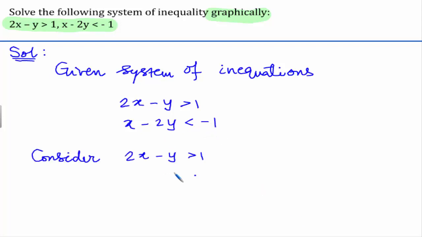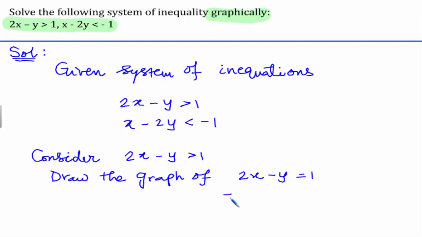Let us consider the first inequality, which is 2x minus y greater than 1. To find out the solution of this inequality, we have to draw the graph of 2x minus y is equal to 1. So this can be converted into y is equal to 2x minus 1.